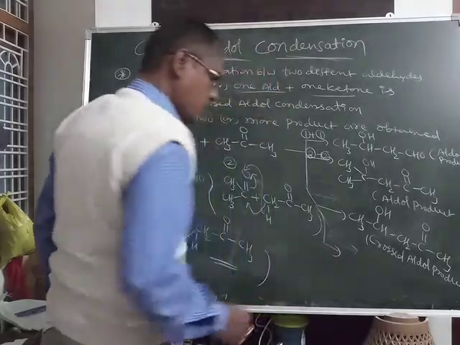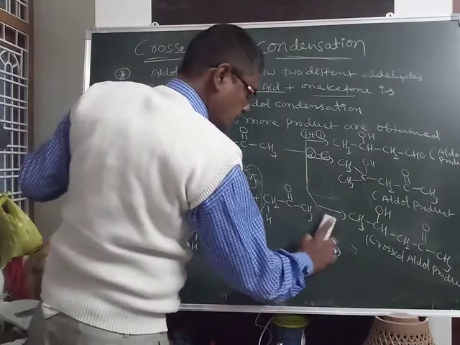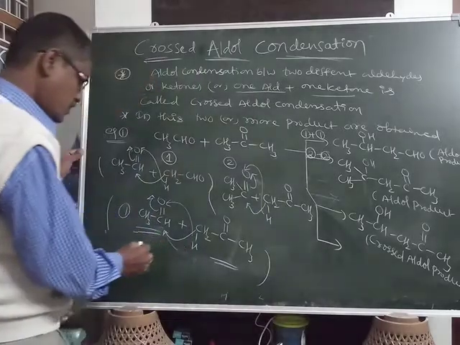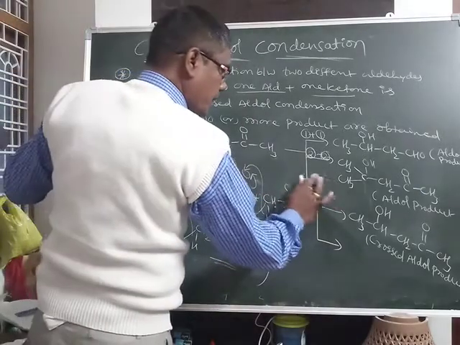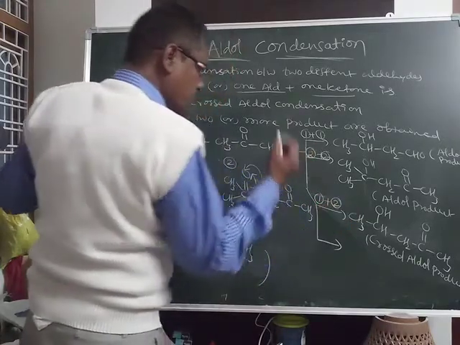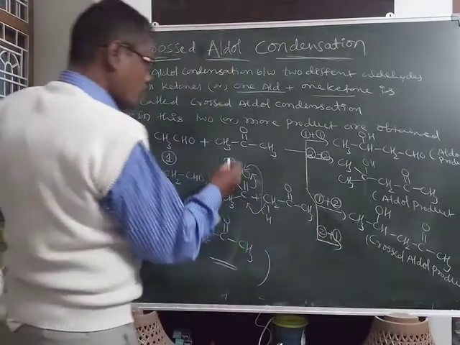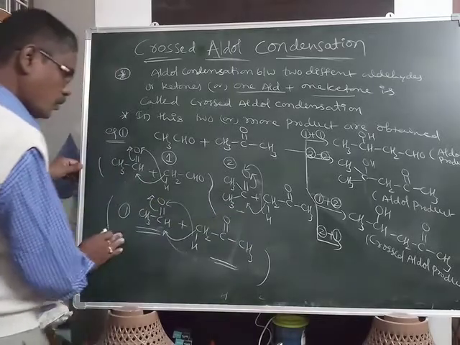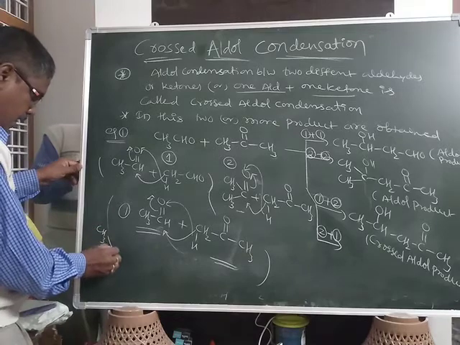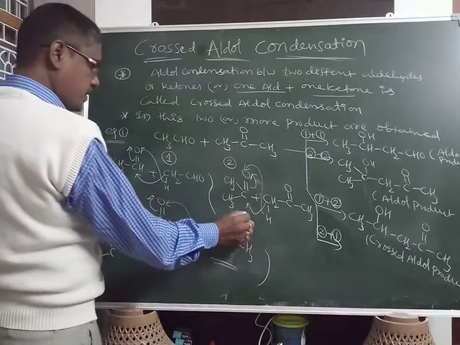One more possibility is that this is 1 plus 2: the first molecule of acetaldehyde and the second molecule of acetone. Another way, 2 plus 1, is also possible. 2 is CH3COCH3, acetone only.